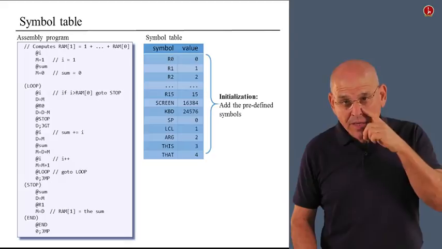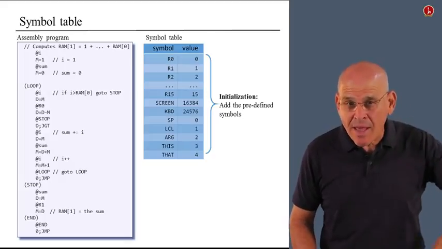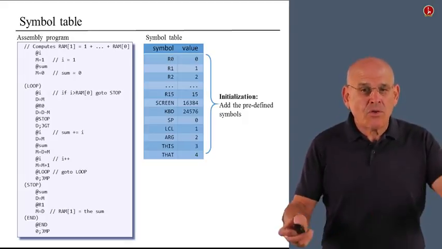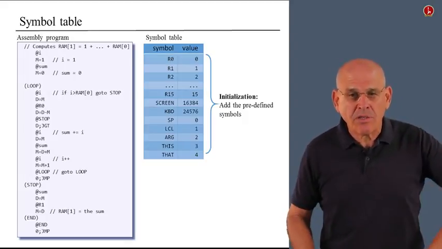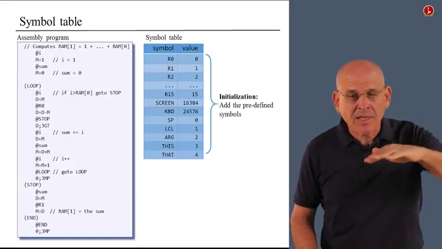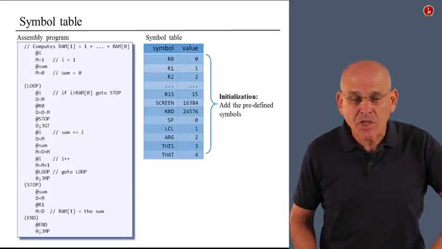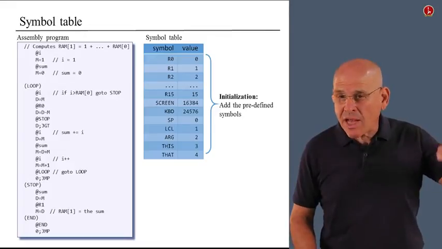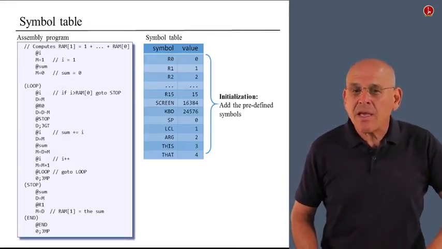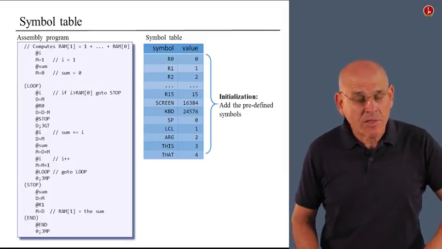So once you do this, if you have this count in mind, when you encounter LOOP, for example, you should know that LOOP corresponds to 4. And then you go on, you ignore everything else until you hit the next label declaration, which is STOP. And then you consult your counter. You see that STOP corresponds to 18, and so on and so forth.